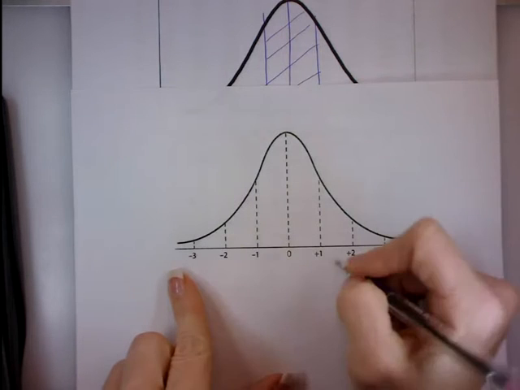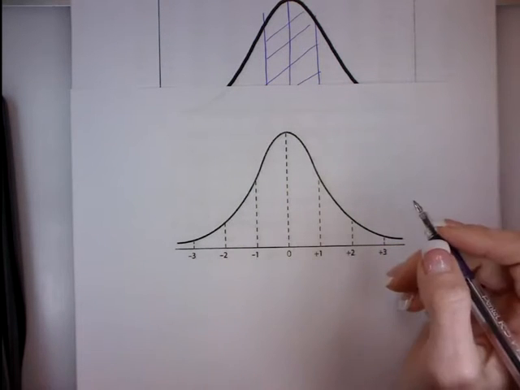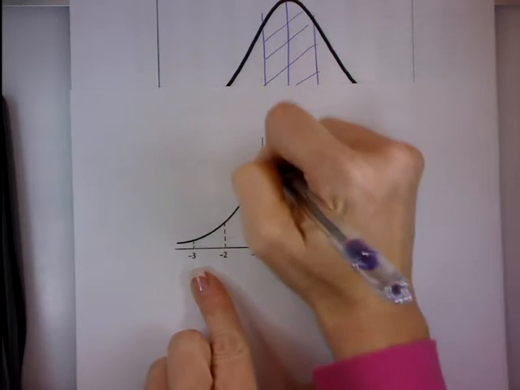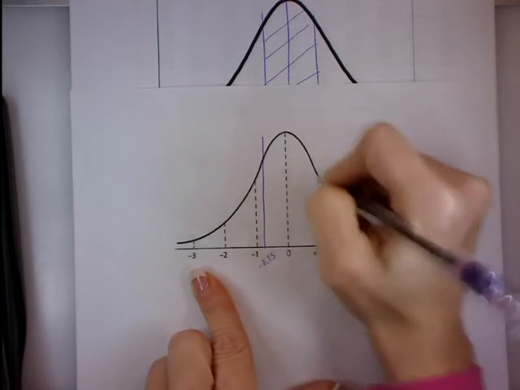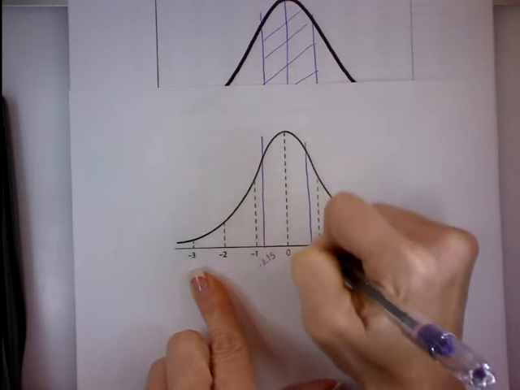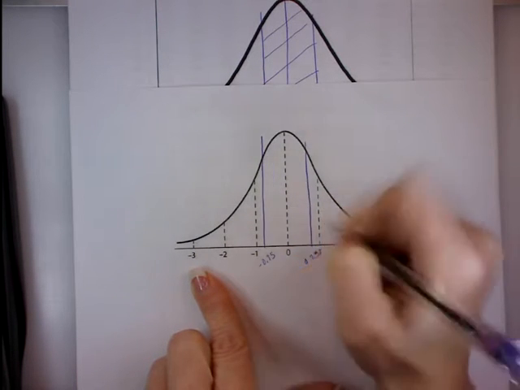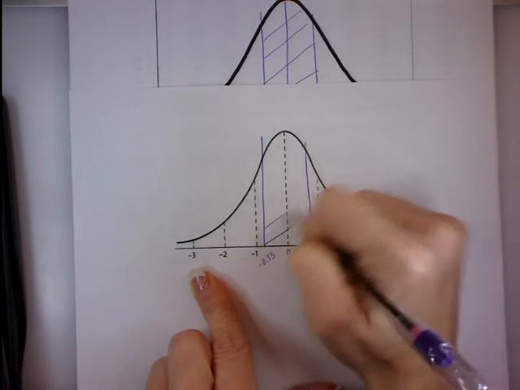So I would put negative 0.75, positive 0.75, and shade.